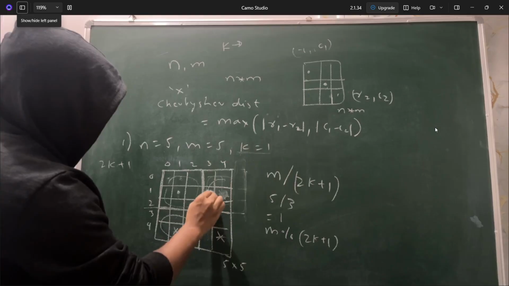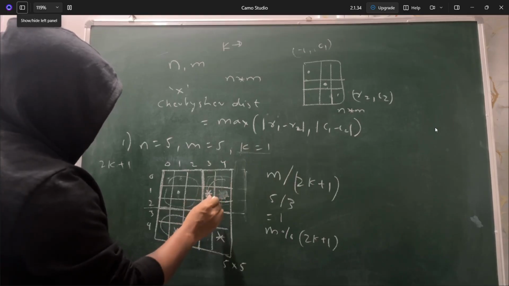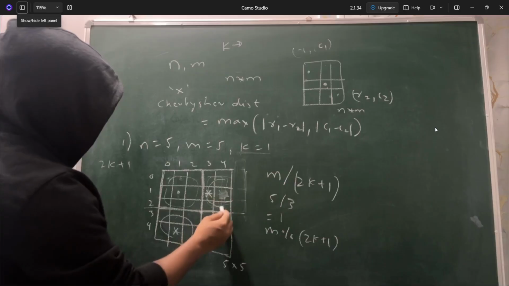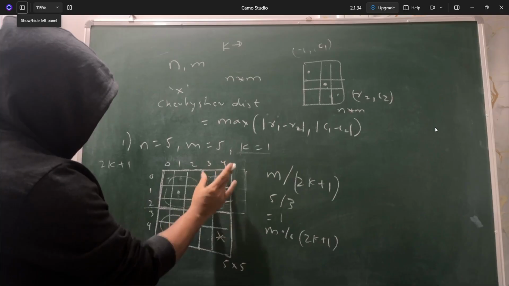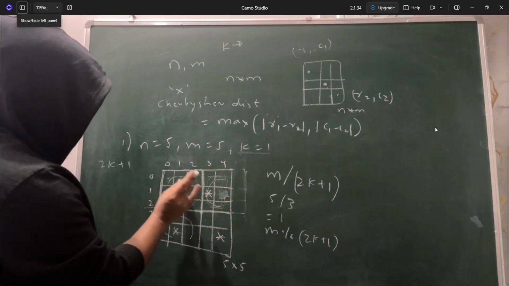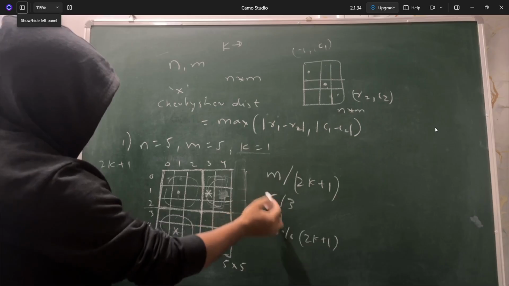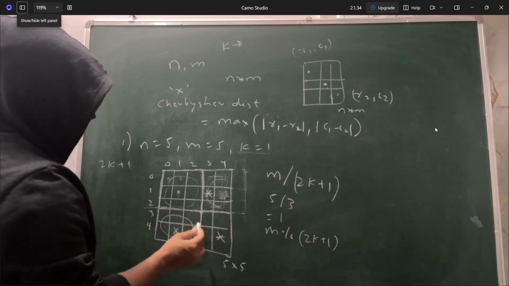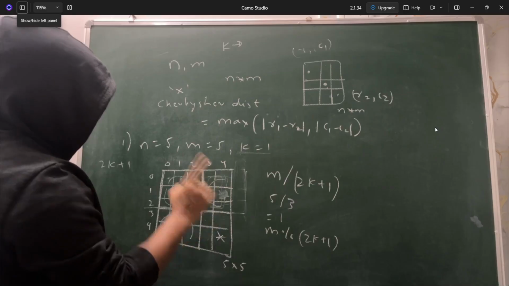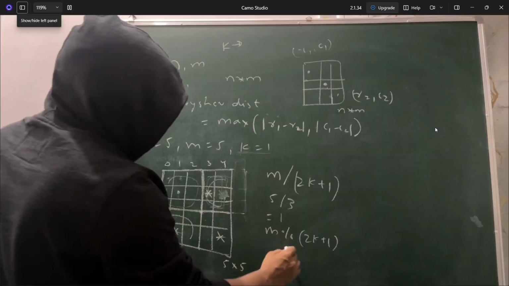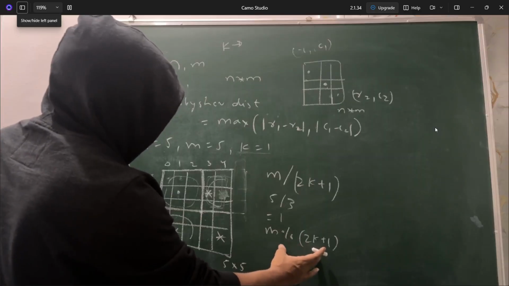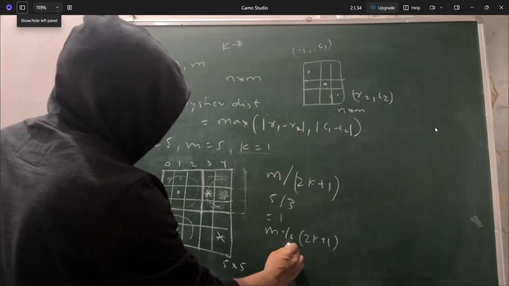You can place a sensor here as well, and it is sensing here. So basically what I'm trying to say is, the remaining area which is not sensed by these sensors, m divided by 2k plus 1, in that area you can place one sensor. And that's why your answer now, since it is 1 and here you have a remainder greater than 0, is that one more sensor you can place.